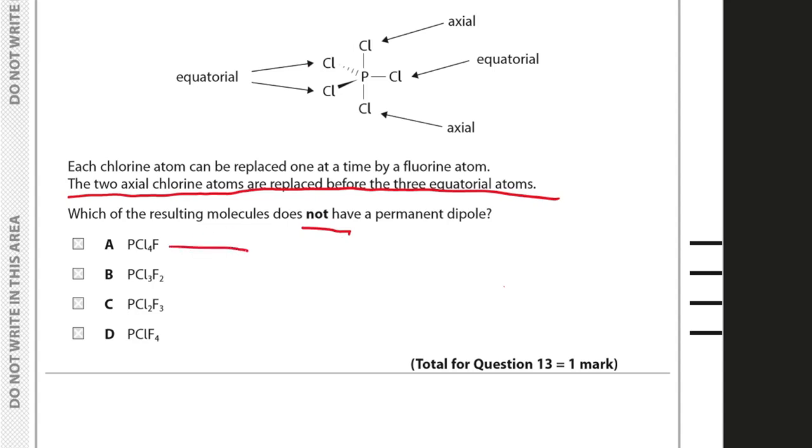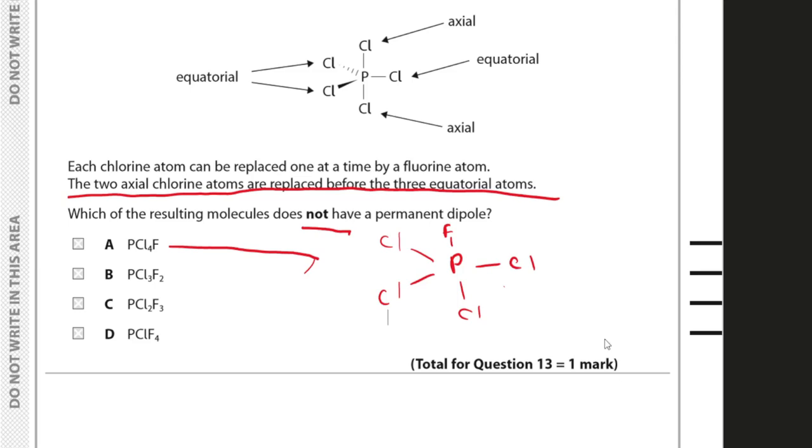Okay, so if you just draw the first option down here, they said the axial atoms are basically replaced. So if one of the axial atoms is replaced while the others remain the same. Now for a molecule to not have a permanent dipole, first things first, the molecule has to be symmetrical.